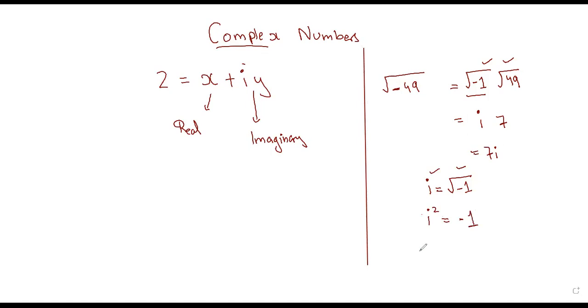And then if I talk about iota cube, this is going to be minus iota, right? And if I talk about iota to the 4, this is going to be 1. Why is it 1? Because for writing iota to the 4, we can write iota square into iota square. So minus 1 into minus 1 would be 1.